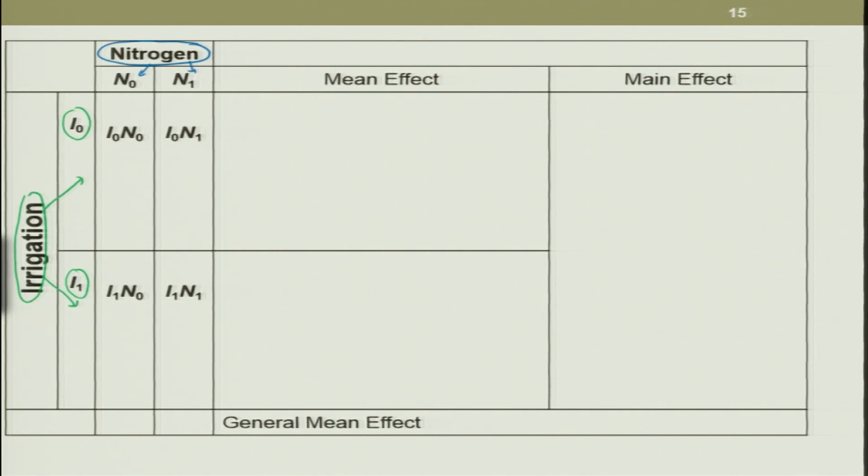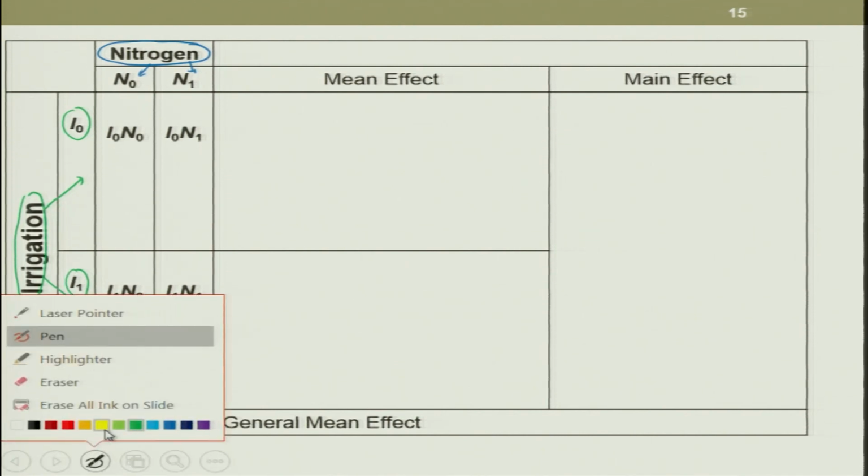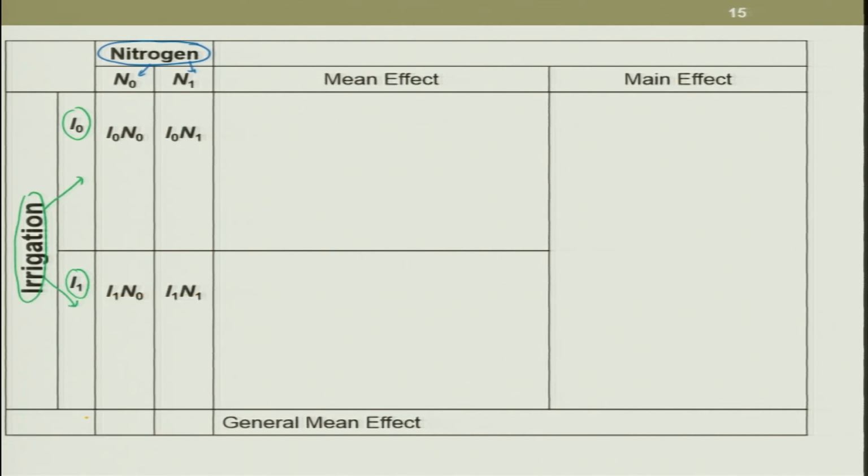Now, I conduct the experiment using all possible combinations, and I see here that in plot number 1, I give the treatment combination I0 N0, which is written here.